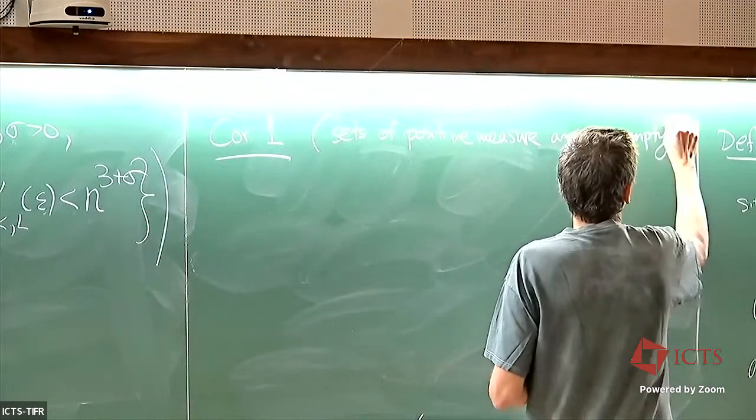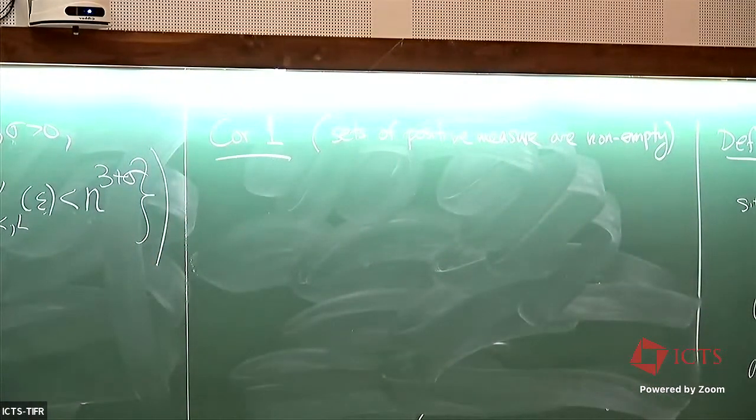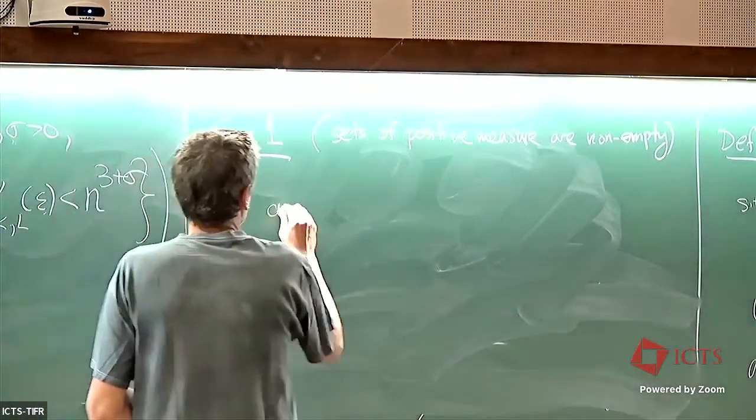So if I have a statement saying that this measure goes to 1, in particular, this set in here is not an empty set.